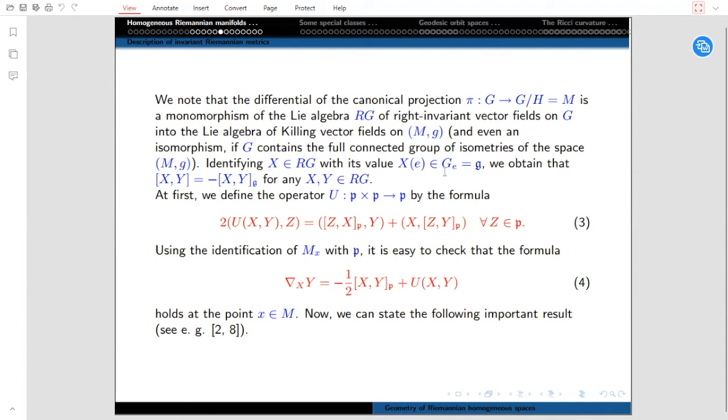As usual, we use the definition of Lie algebra as left invariant vector fields on Lie groups. If we consider another definition, right invariant vector fields on a Lie group, then we have this identification very easily, without a minus. It's just the same.